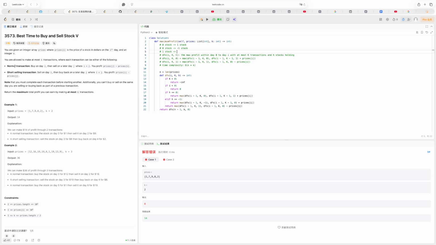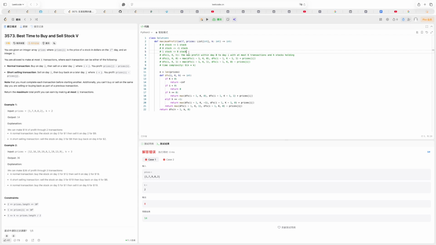I'm sorry, let's see. Buy on day I is 0 to 1. And sell on the other day 1 to 0. And sell on day I, it will be 0 stock to -1.